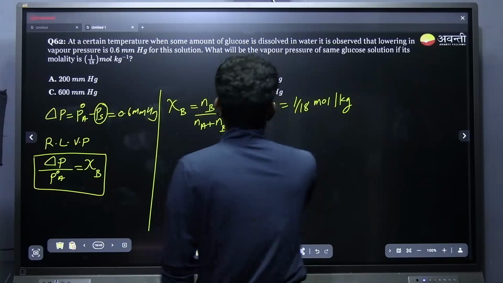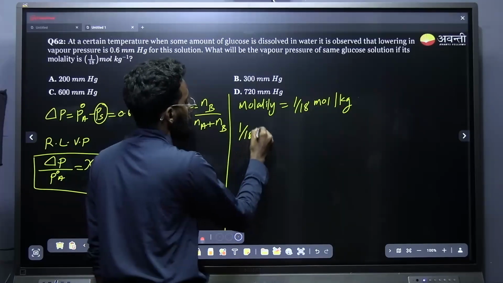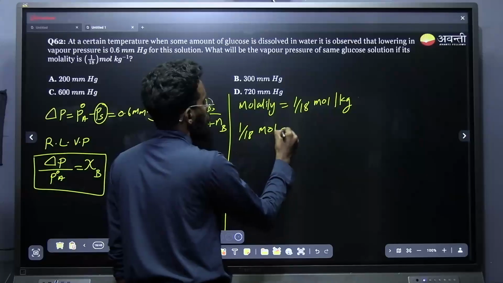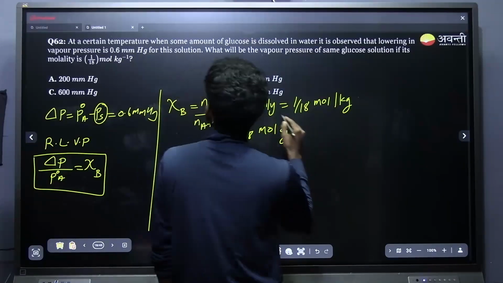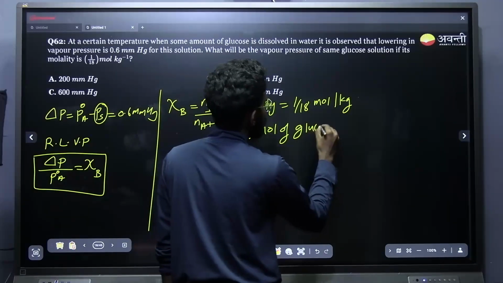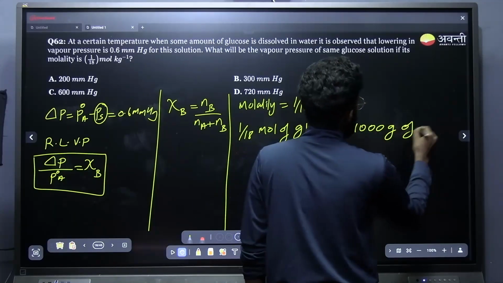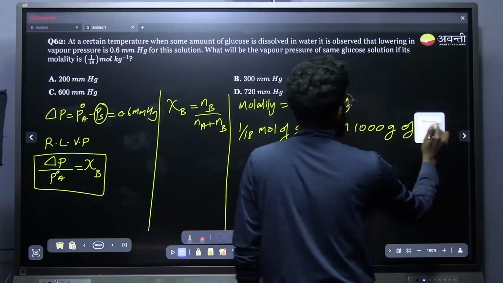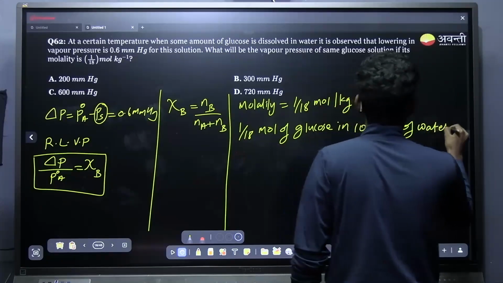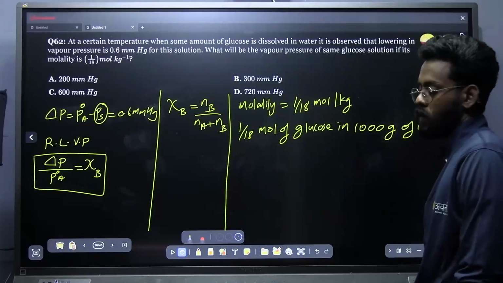What does it mean? 1/18 mole of glucose in 1000 gram of water.